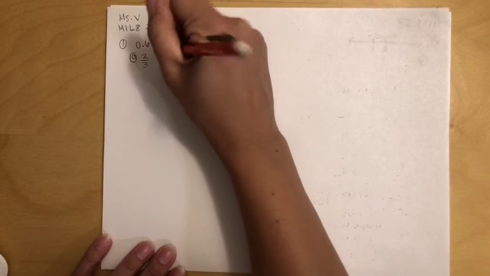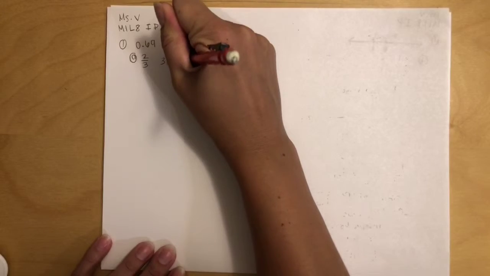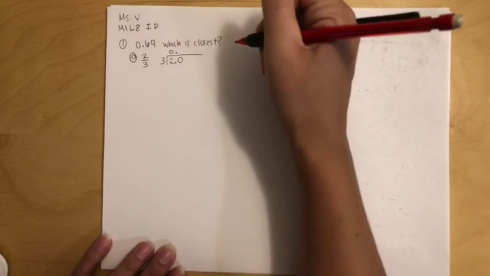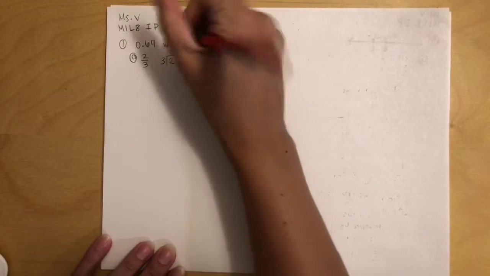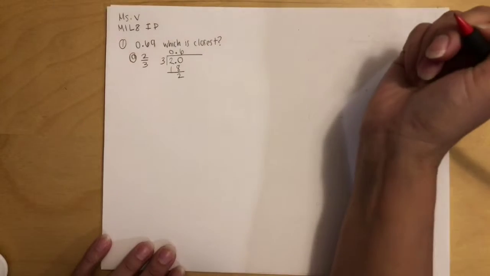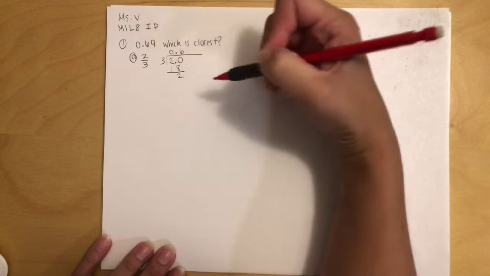3 cannot go into 2, so we put a 0, put our decimal, and put another 0 here. 3 goes into 20 6 times. 6 times 3 is 18 with a remainder of 2. Look at that. We're back to our original number of 2.